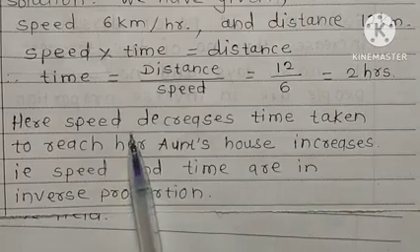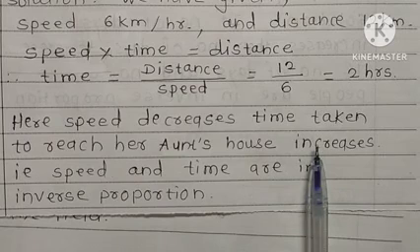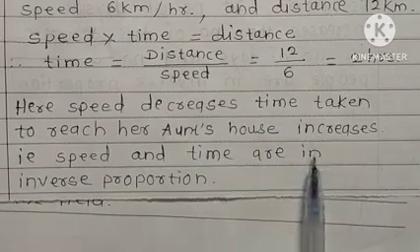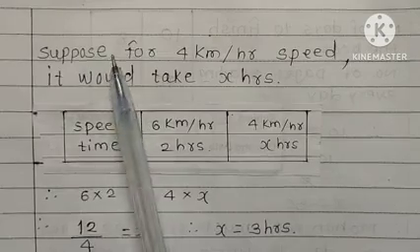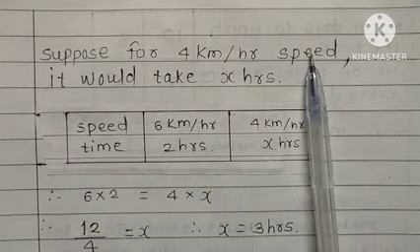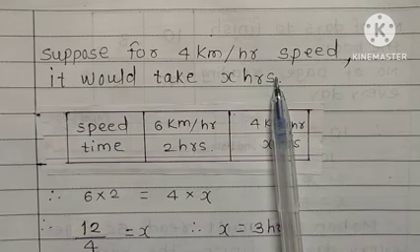If you increase your speed, it will decrease the time to reach her aunt's house. That means speed and time are in inverse proportion. Okay. Suppose for 4 km per hour speed, it would take x hours.